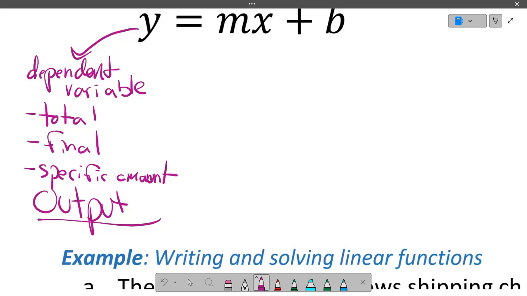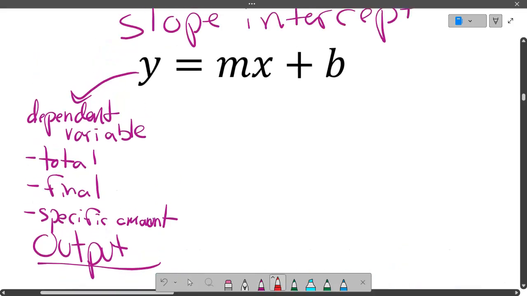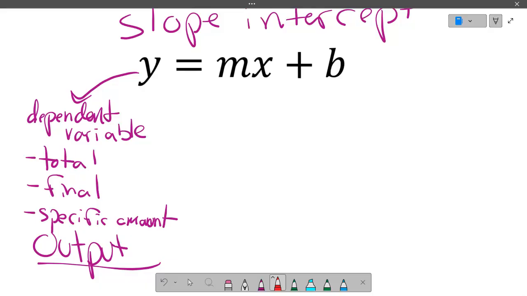What is m? What is the m in our slope-intercept form? The slope, guys.